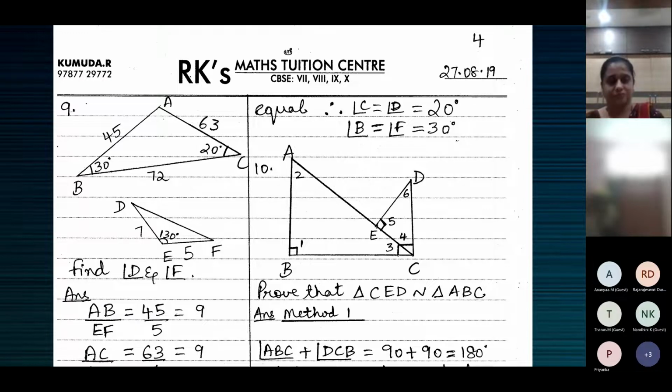Okay. So the two triangles are similar by SAS criterion. In similar triangles, the corresponding angles are equal, correct? Yes, ma'am. Very good. You're right, Rajeshwari.